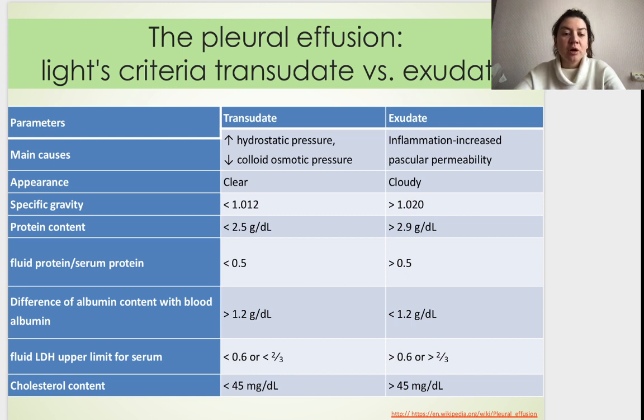Fluid LDH to upper limit for serum is less than 0.6 for transudate, and for exudate it is more than 0.6. And one more additional characteristic is cholesterol content. For transudate it's typically less than 45 milligrams per deciliter, and for exudate more than 45.